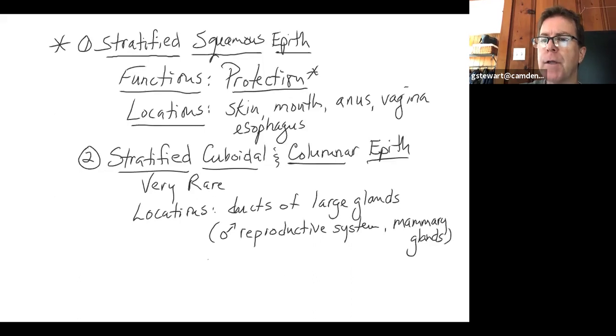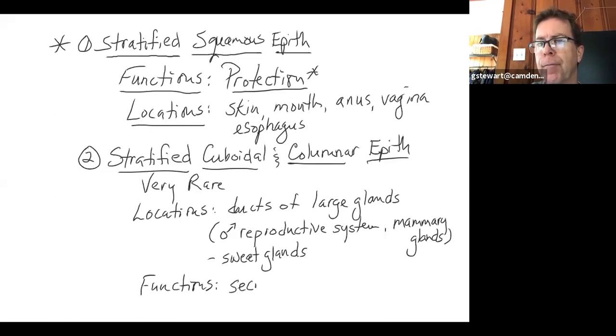And also in some types of sweat glands as well. Not all sweat glands are stratified cuboidal, but some of them are. These have a dual function of secretion, and because they're stratified layers, some protection as well.